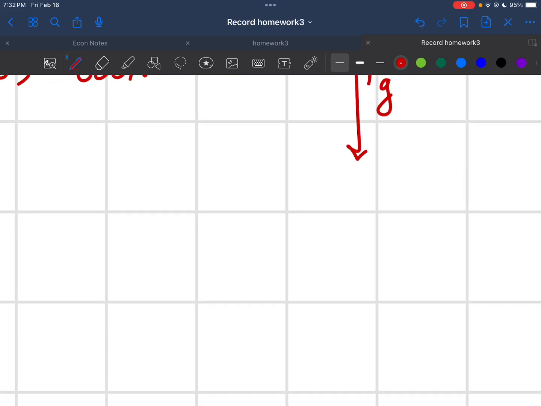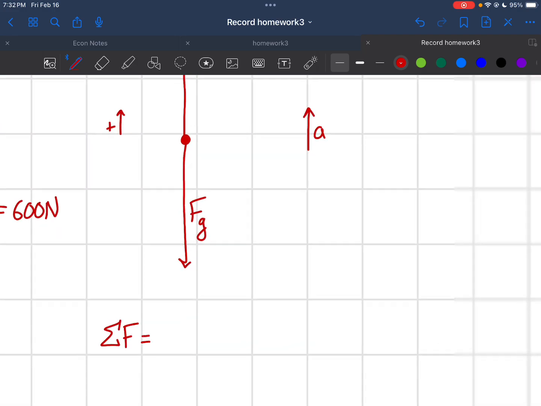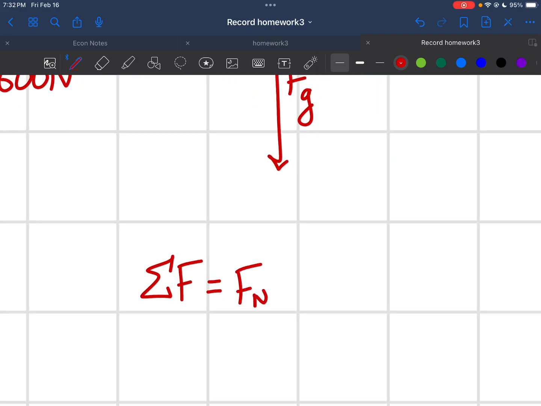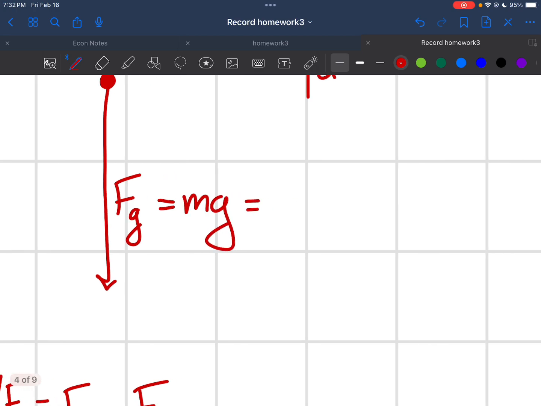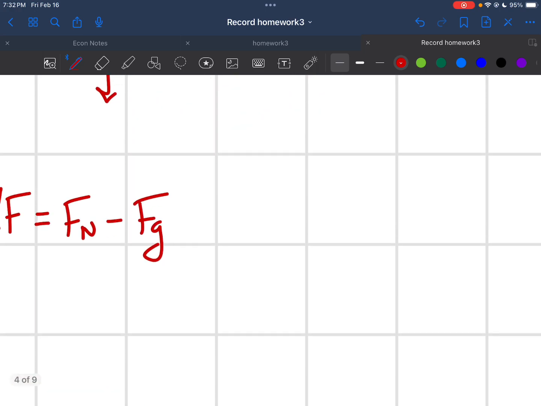So if I'm setting up my sum of my forces, I'll have, again, a positive Fn and a negative Fg. And the mass of the person hasn't changed, and little g hasn't changed, so that's still going to be my 600 newtons.